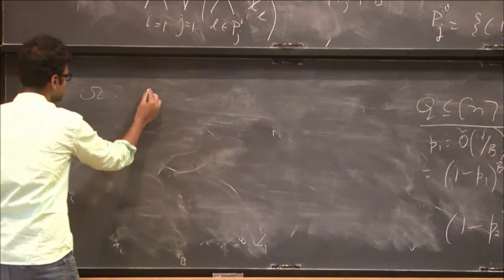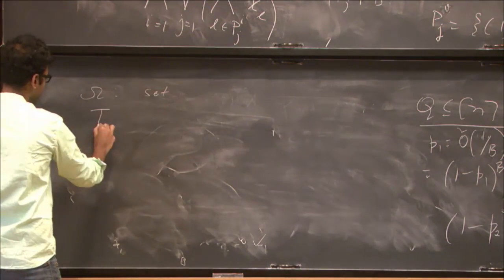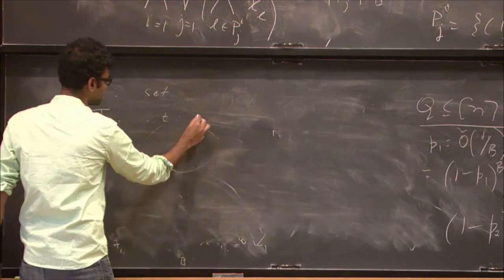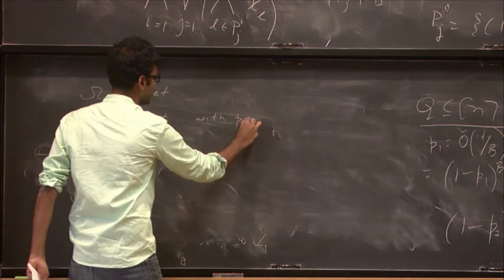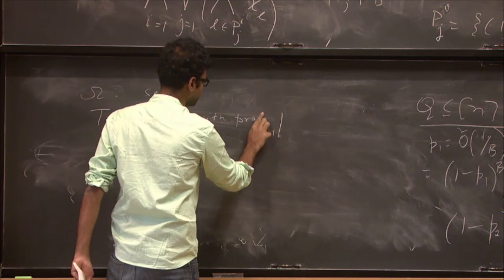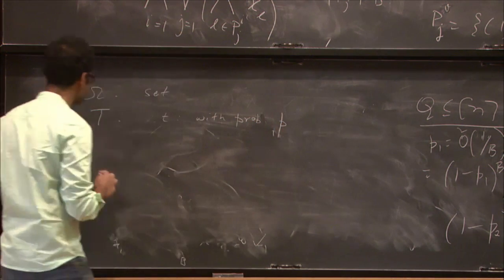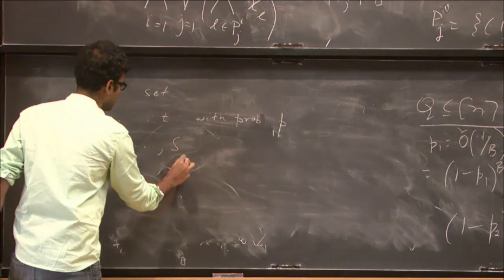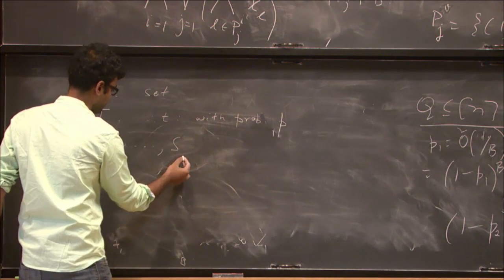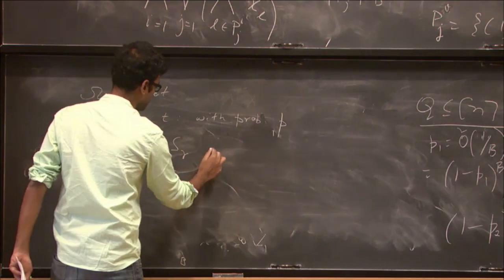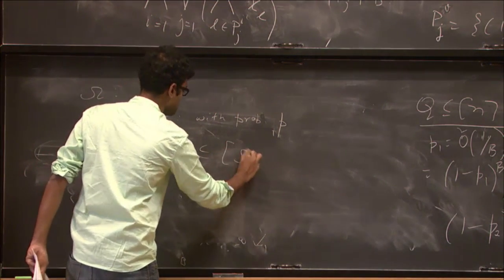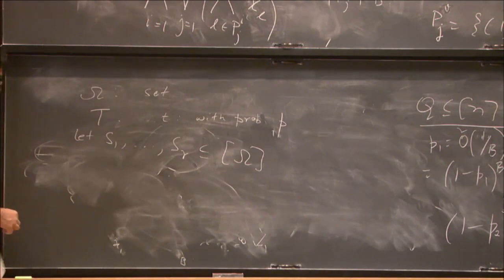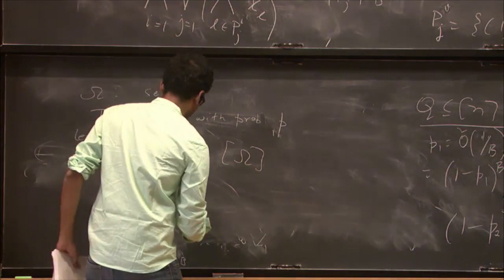Let omega be some set, and suppose we pick the set T, where each element is picked with probability P, and let S1 through SR be subsets of omega, and define these quantities.